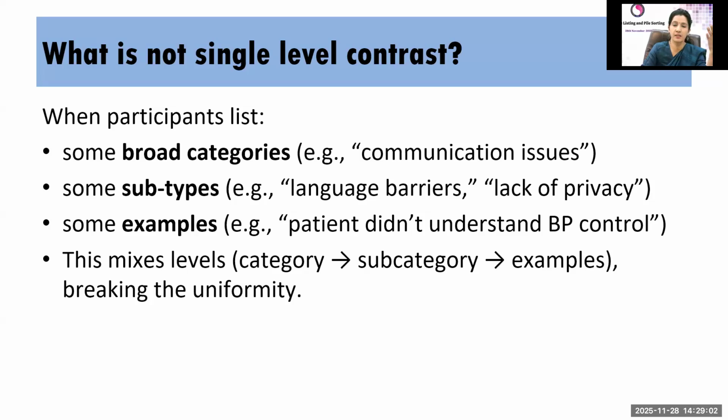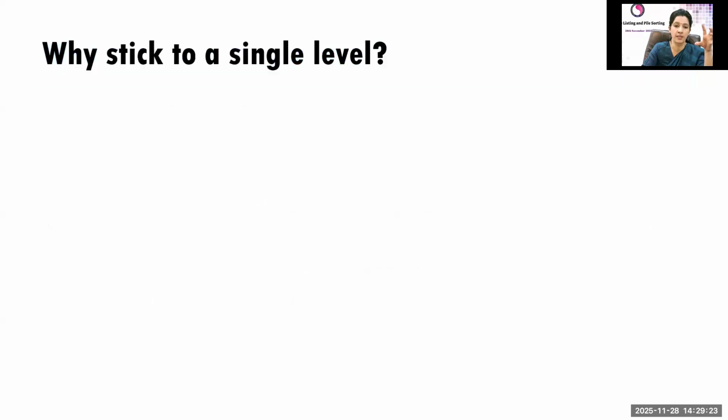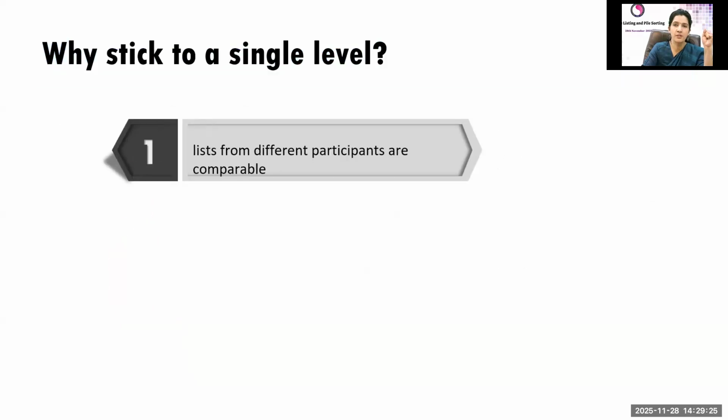If I ask you to name fruits, then all of you write only the names of fruits. So my question should be clear so that all the responses are comparable to each other. That's what I mean by a single level of contrast. It should not be a list of groups. Why should we stick to a single level?